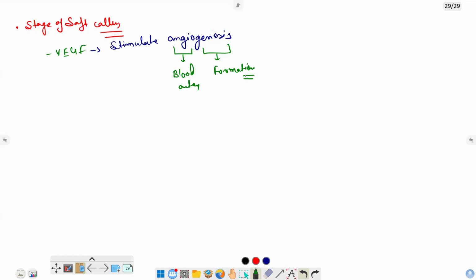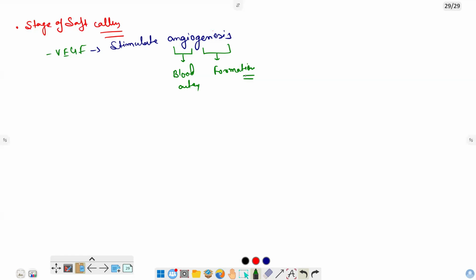If there won't be regeneration of new blood vessels, the minerals won't reach the site of fracture, and there will be no healing. So the very first point is that angiogenesis will be stimulated with the help of VEGF, vascular endothelial growth factor.